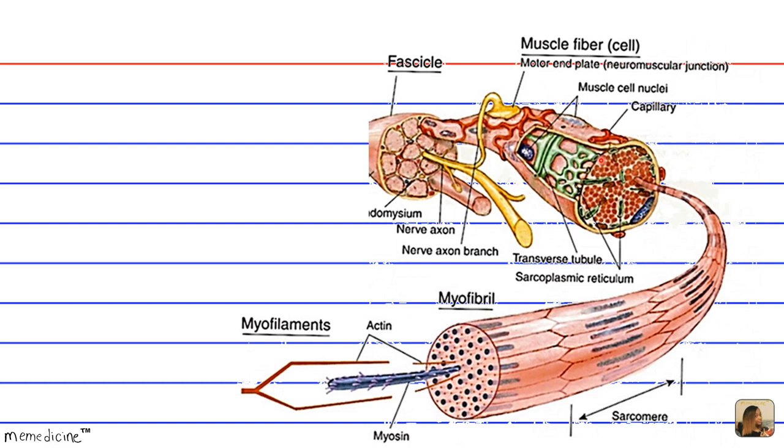A muscle fiber is composed of many of these myofibrils, which give the cells the striated appearance. And skeletal muscle cells are sheathed. That means they're covered by a tough layer of connective tissue called epimysium.